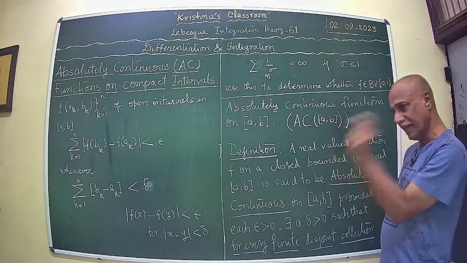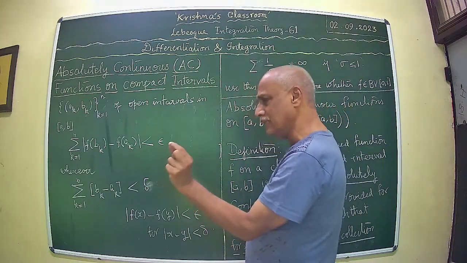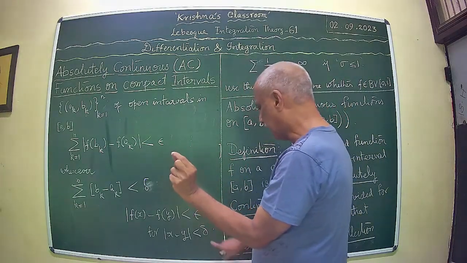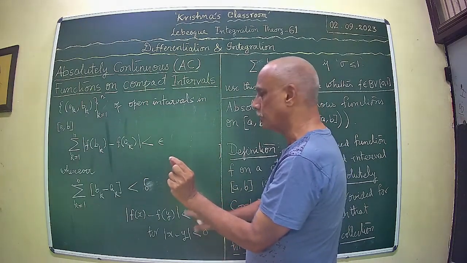That means the variation of the function on any interval of length less than delta is going to be less than epsilon.